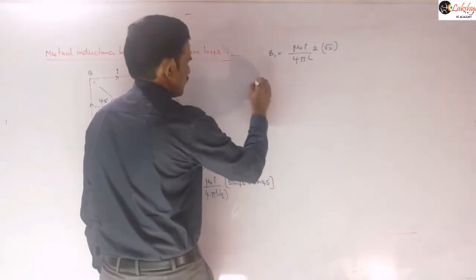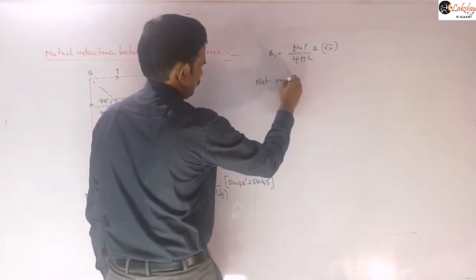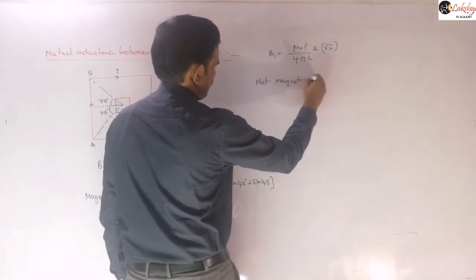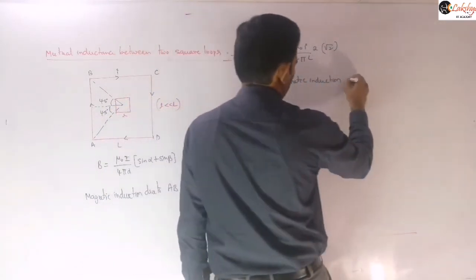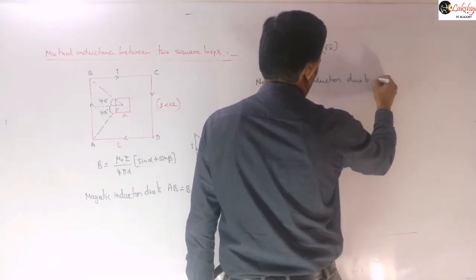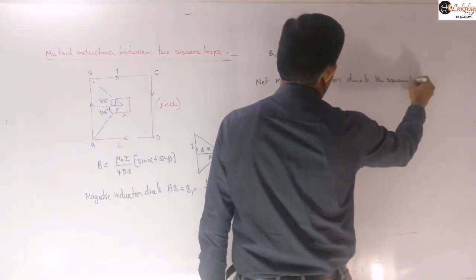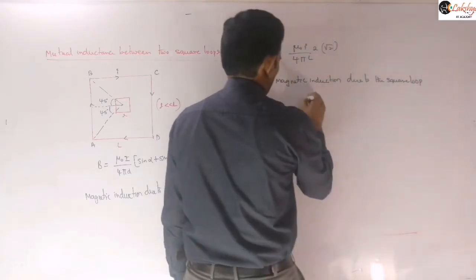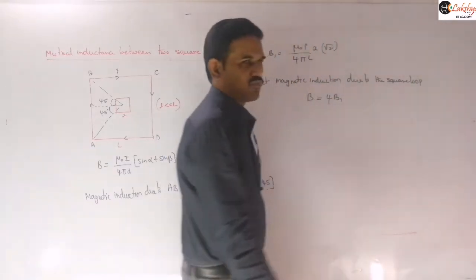So the net magnetic induction due to the square loop is 4 times B1.